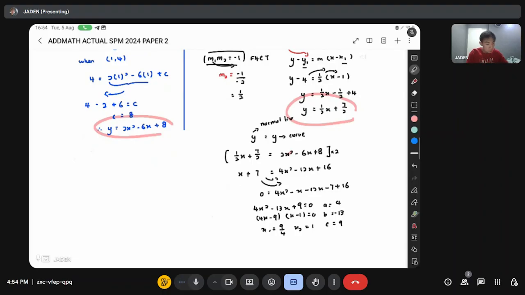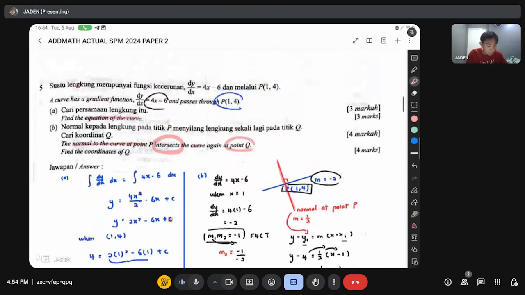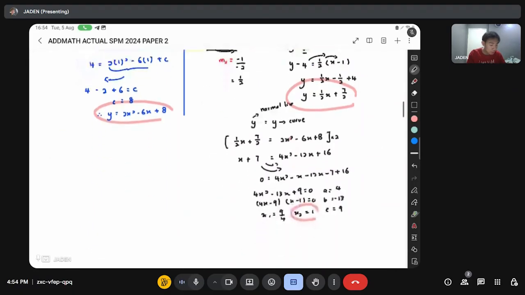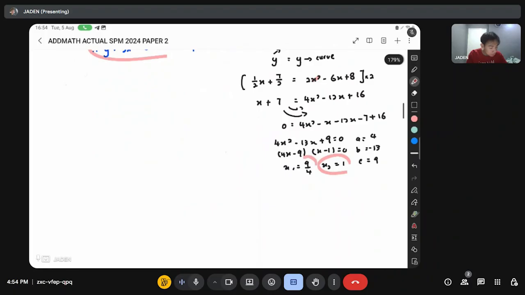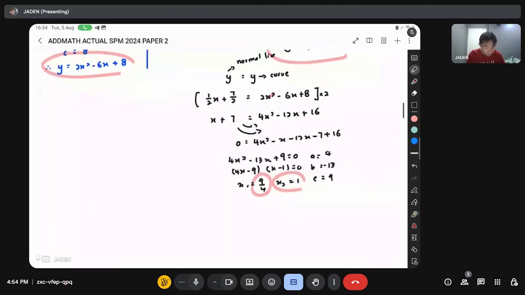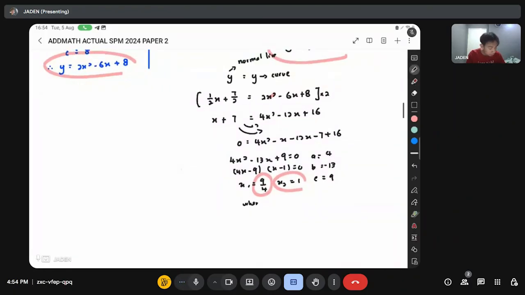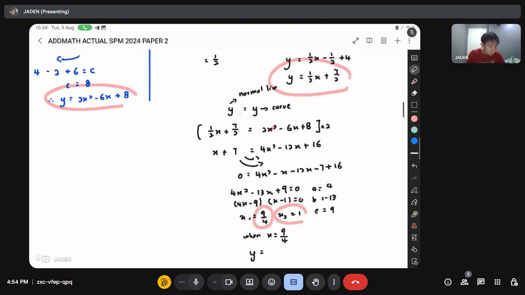Okay, so just now you see x minus 1, x equal to 1, it's already happened to be at coordinate p here. So for the coordinates q, my x value will surely be this 9 over 4. So I'm going to write it down: when x equal to 9 over 4, put it back into the normal equation.